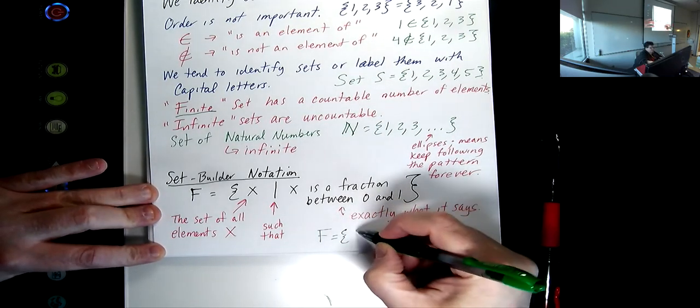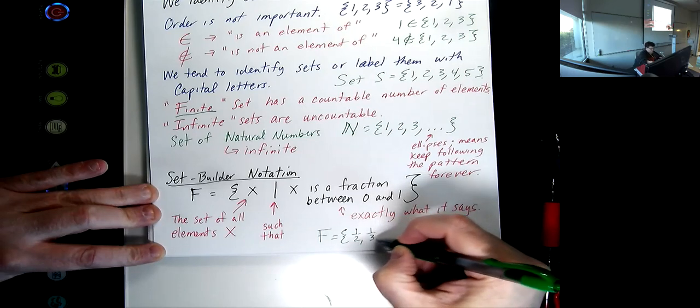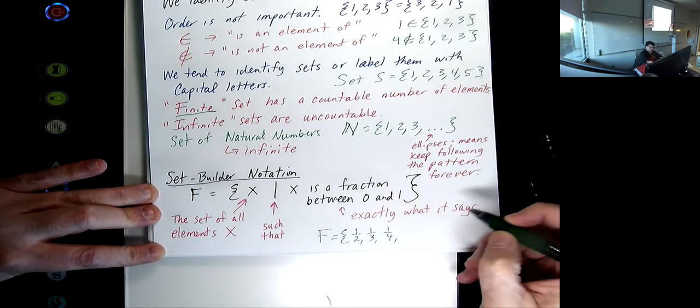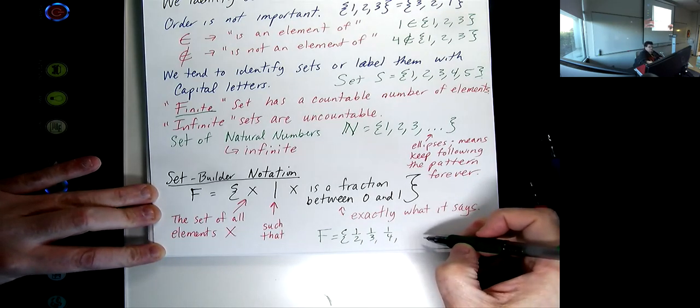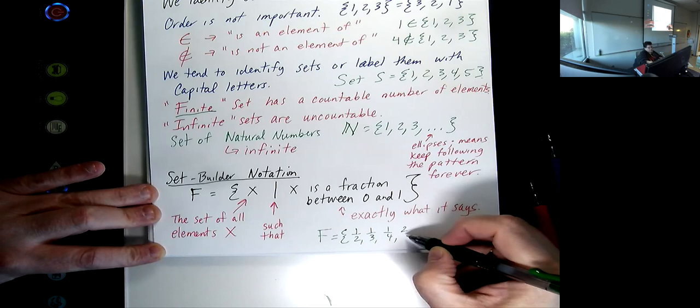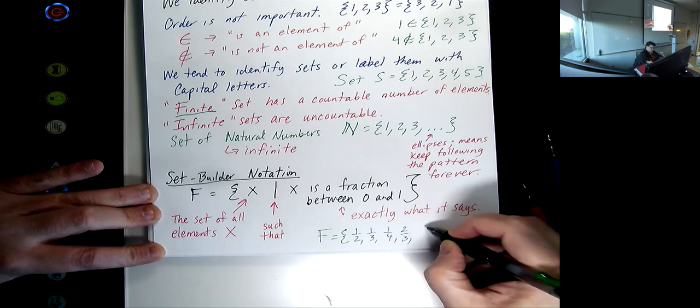So like 1/2 is in there, 1/3, 1/4. I could keep going with numbers along the bottom and just leave them the same, but it also includes things like 2/3, 5/7.